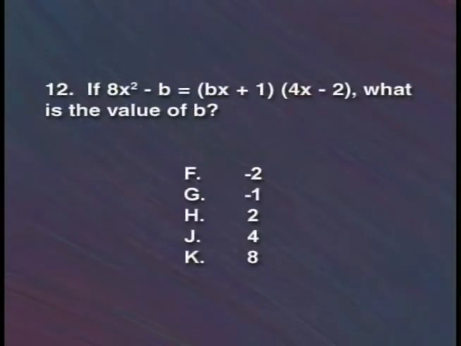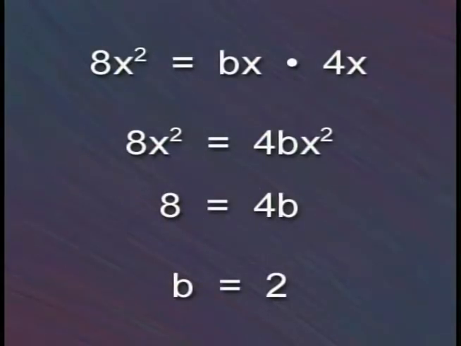Problem 12. If 8x squared minus b equals bx plus 1 times 4x minus 2, what is the value of b? One way to solve this problem is to recognize that the first term of the polynomial, 8x squared, is obtained by multiplying bx times 4x. The result, 4bx squared, has to equal 8x squared.